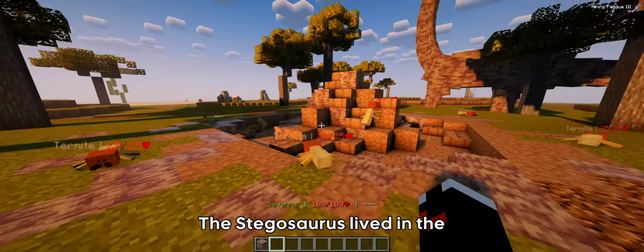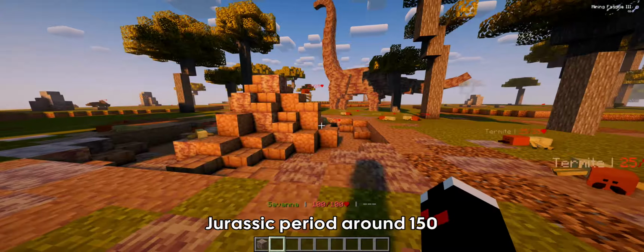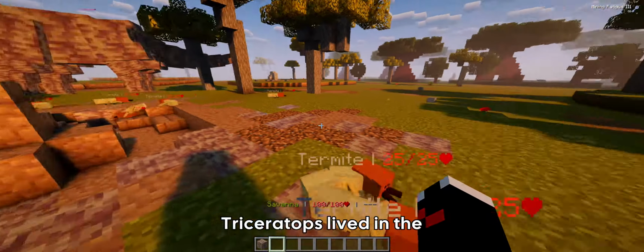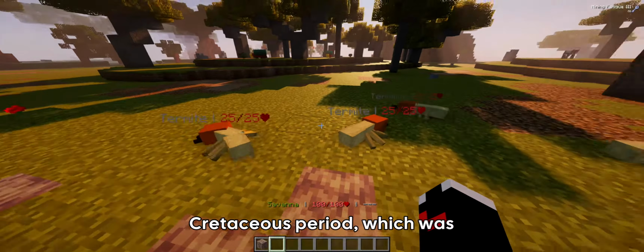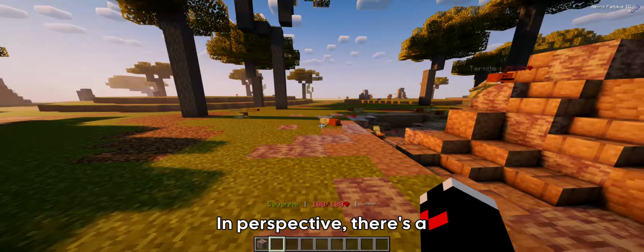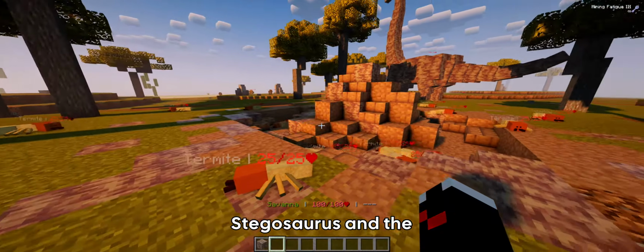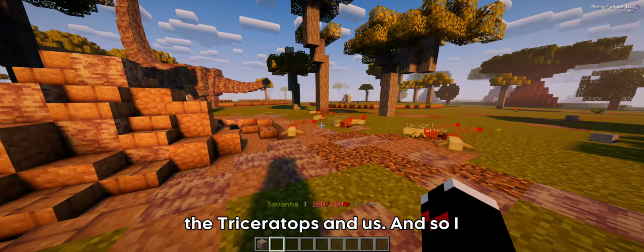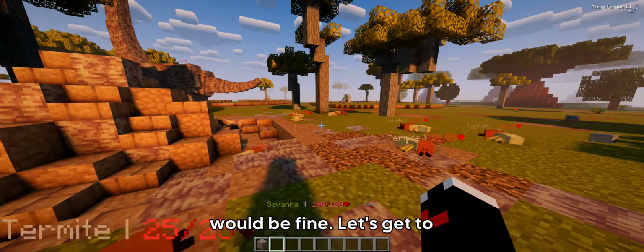The Stegosaurus lived in the Jurassic period around 150 million years ago, while the Triceratops lived in the Cretaceous period, which was about 70 million years ago. In perspective, there's a bigger gap between the Stegosaurus and the Triceratops than between Triceratops and us, and so I decided that adding termites would be fine.